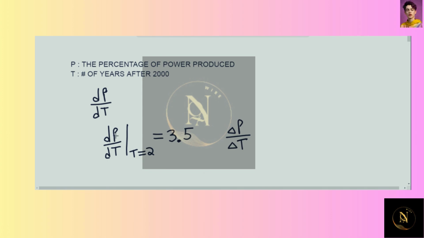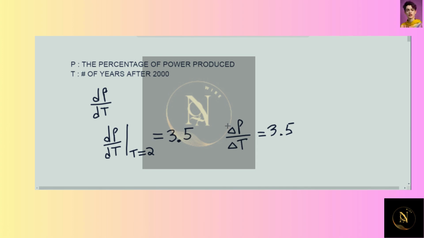The derivative of P with respect to T is actually the limit of this quotient as delta T goes to 0. But we can approximate it. The derivative of P with respect to T can be approximated by this quotient delta P over delta T. So this is approximately 3.5. The derivative is exactly 3.5 when T equals 2.